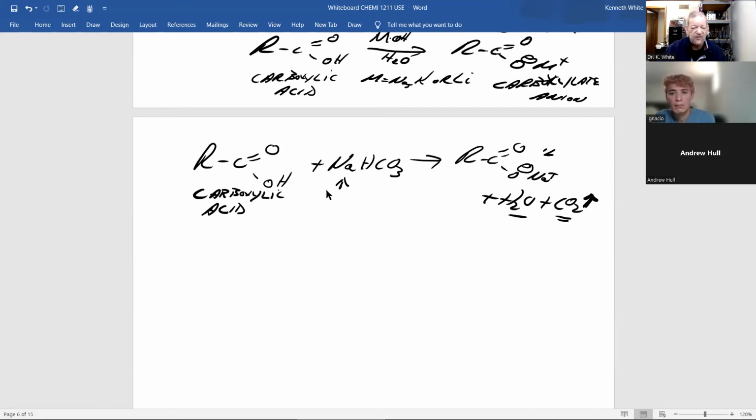Now I'm going to show you something, and you don't have to write it down, but where do you get all this from? Well, let's look at this. I can rewrite sodium bicarbonate like this.